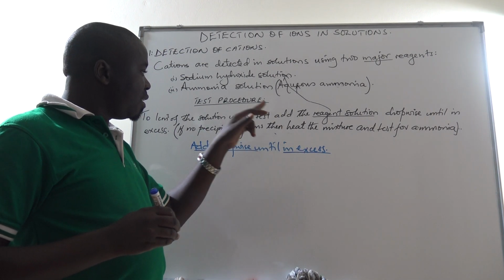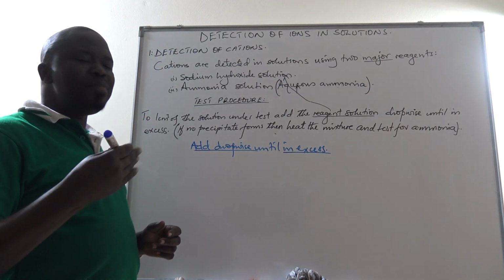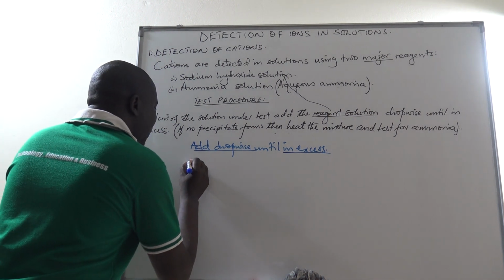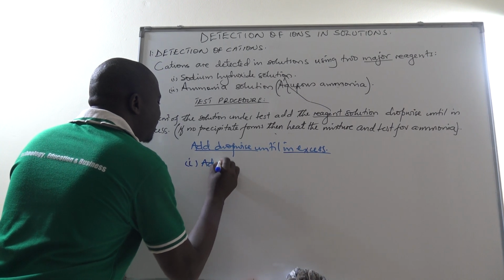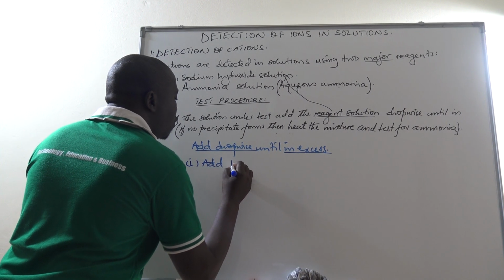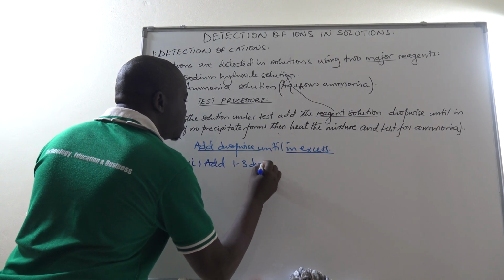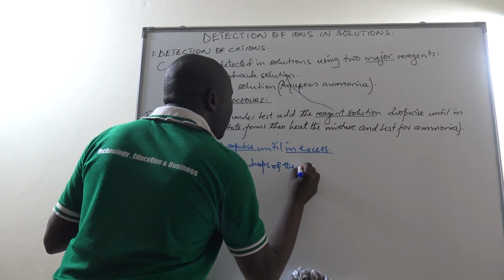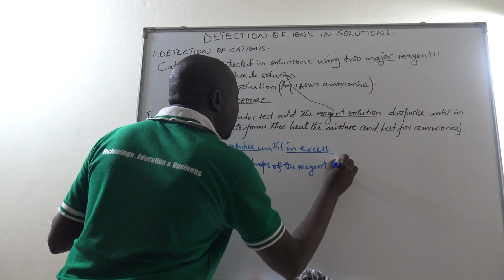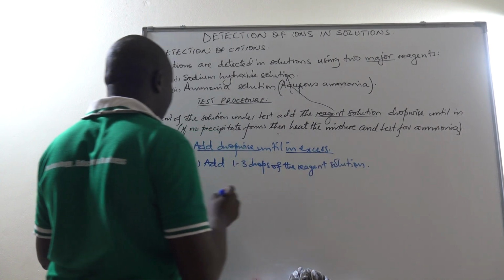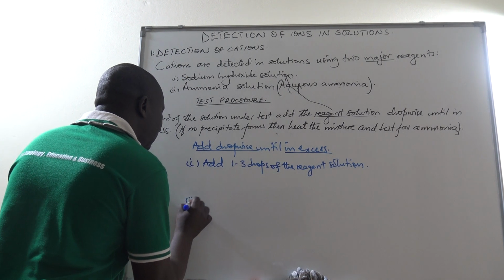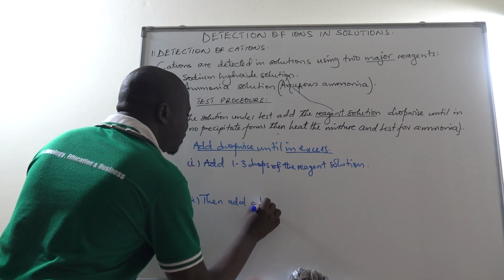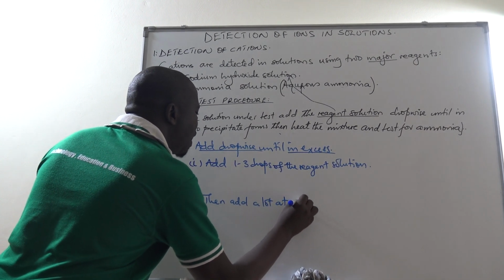So, in this case, we are supposed to devise other means that will make us do this test as fast as possible. So, firstly, add 1 to 3 drops of the reagent solution, and then later on add a lot at once.